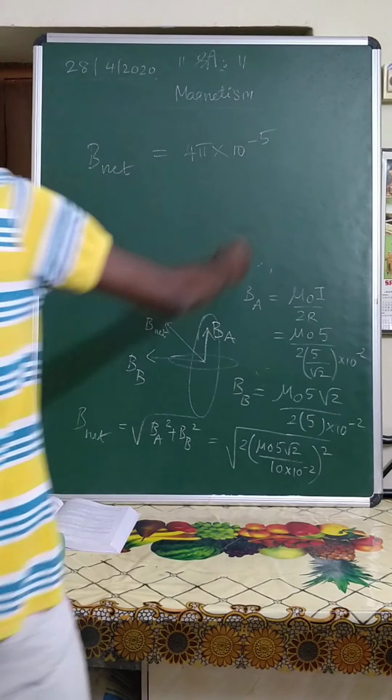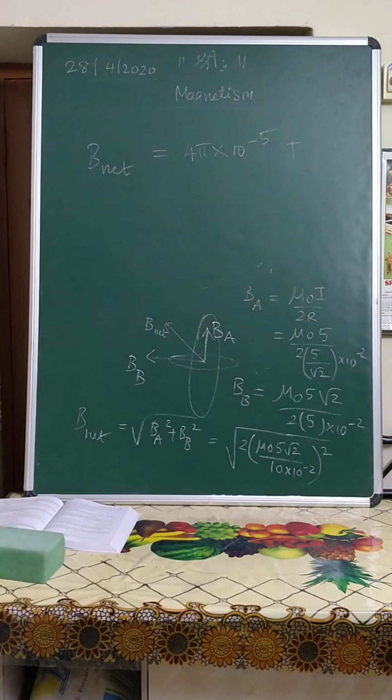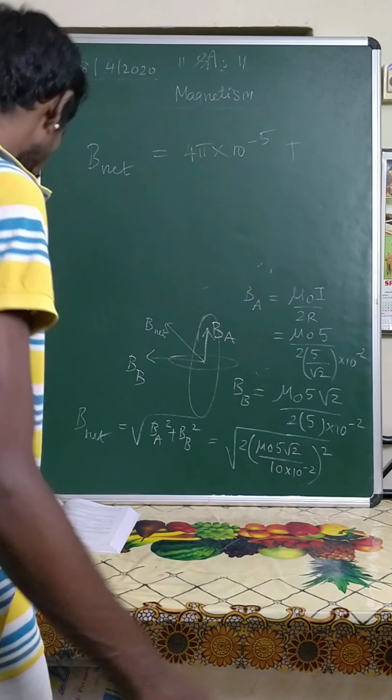Everything will be cancelled, so this is the final answer. Taking out mu naught 5 root 2 by 10 and 2 root 2, root 2 into root 2 will be 2. So 4 pi into 10 power minus 5 Tesla is the final answer. That's all. Moving to the next problem.